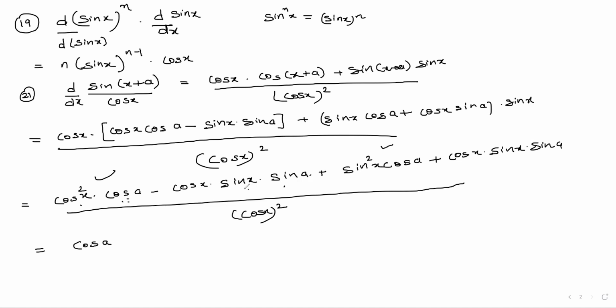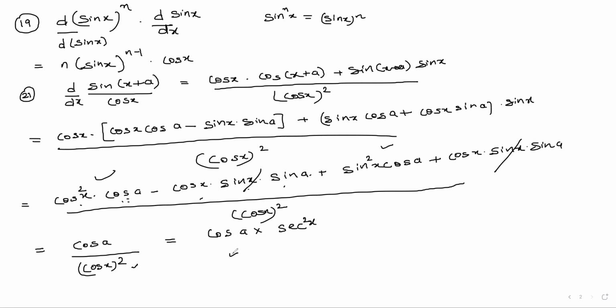Now sin a sin x cos x, cos x sin x sin a, this will cancel out. So in the denominator we have cos x whole square. So we can write this as cos a into sec square x. Both are correct. This is also okay. Okay, Noma? Yes sir.